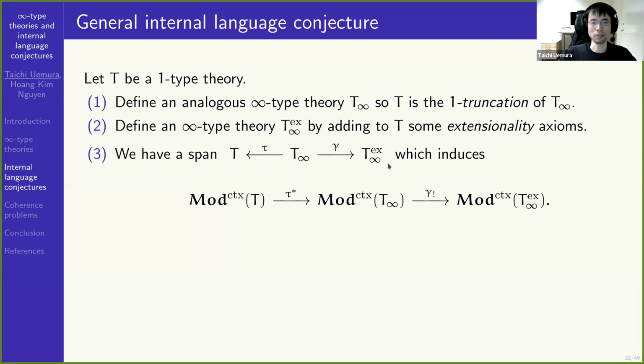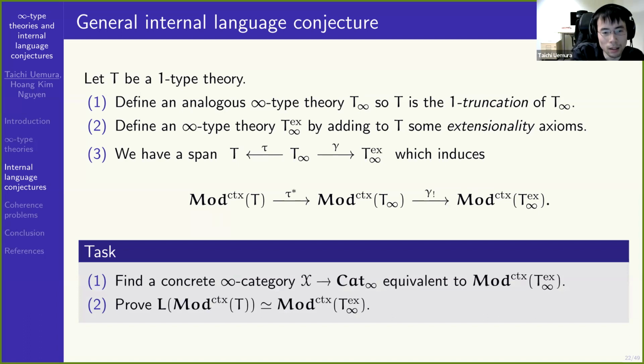So if we have correctly defined T infinity and T infinity X, we obtain a functor from contextual models of T to contextual models of T infinity X for free. Then the task is, first of all, to determine some concrete infinity category of infinity categories with some structure, which is to be equivalent to this last one, and to prove that the localization of this composite of functors induces an equivalence between the localizations.